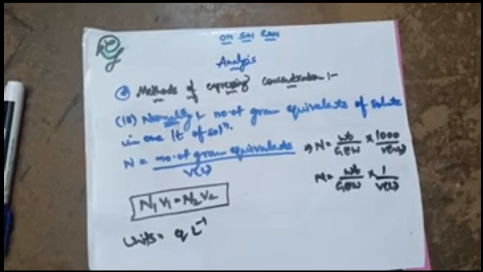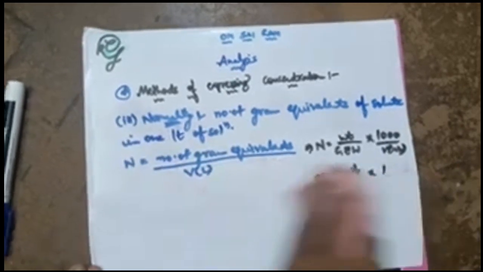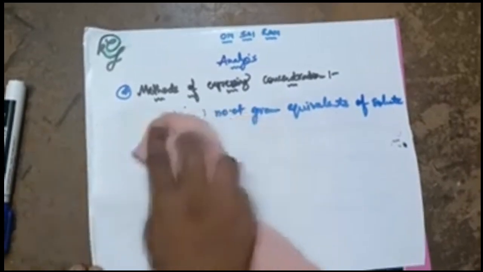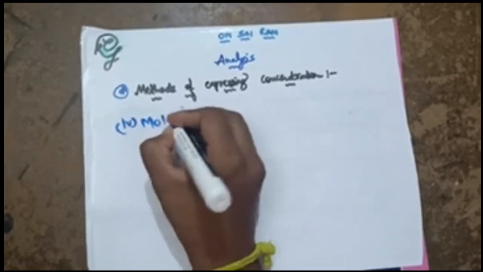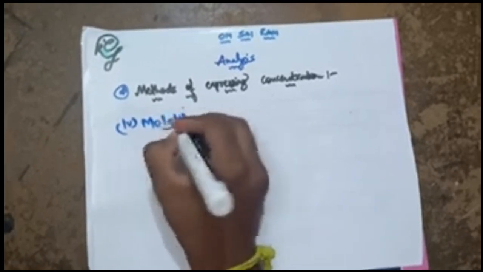Next, there are two more methods of expressing concentration. One is molarity, which we covered, and the other is molality. You may get confused between molarity and molality, but don't get confused. It is molality, not molarity.